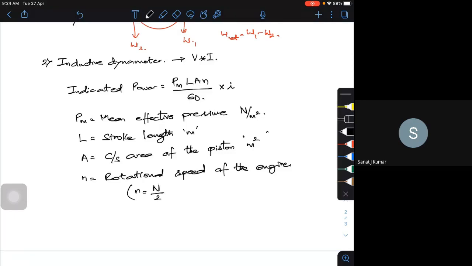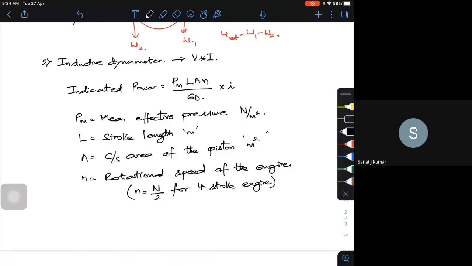N is equal to n by 2 for a 4-stroke engine, because I am trying to develop the power for every alternate stroke.